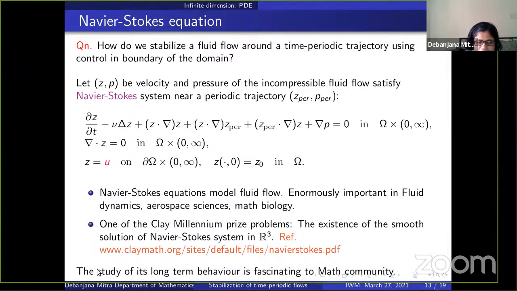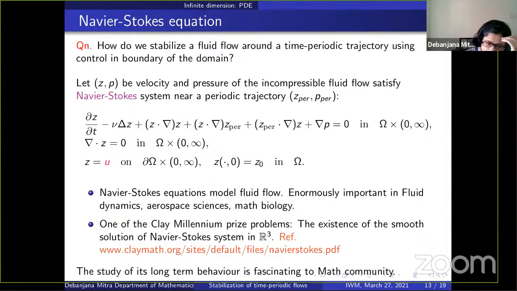I gave the link here, so if anyone is interested, they can see what the problem posed there is. In summary, we are very much interested in studying the long time behavior, especially around the equilibrium point and then the periodic orbit. Near the equilibrium point, it is more or less well understood.